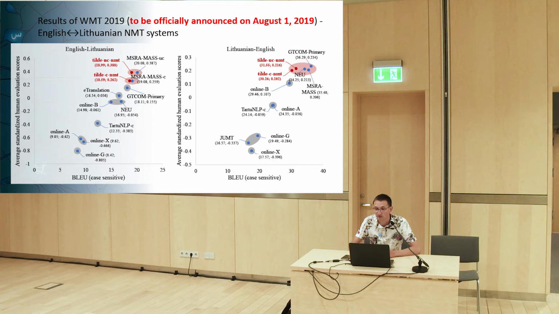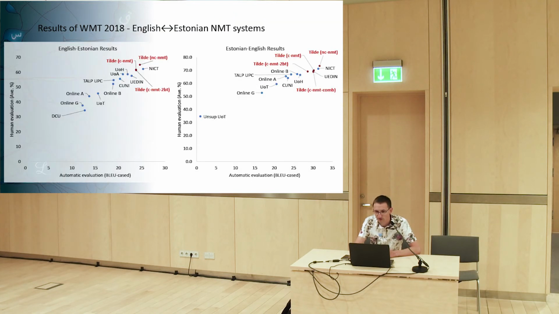This year we've competed with Microsoft, and last year we competed with a Japanese research institute. NICT is a research institute from Japan. And in 2017, we competed with Google.